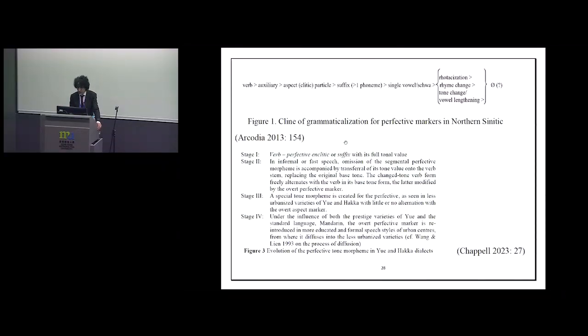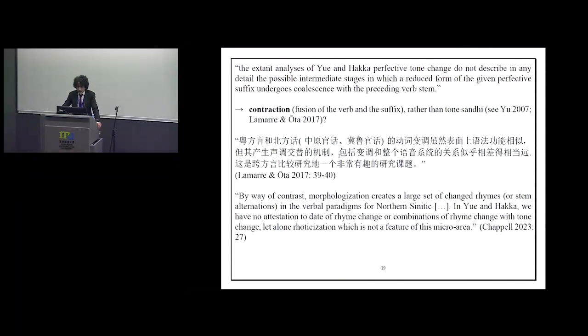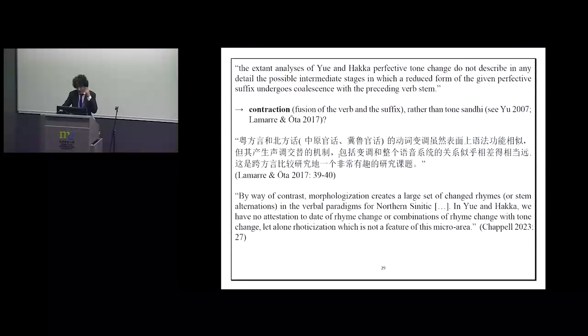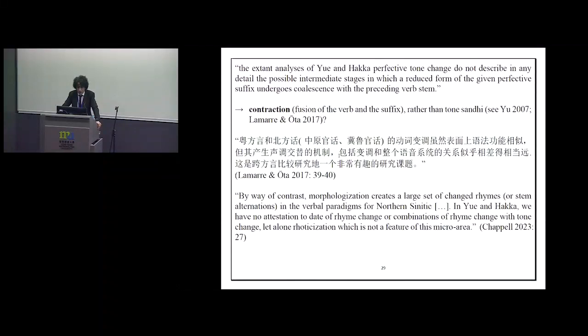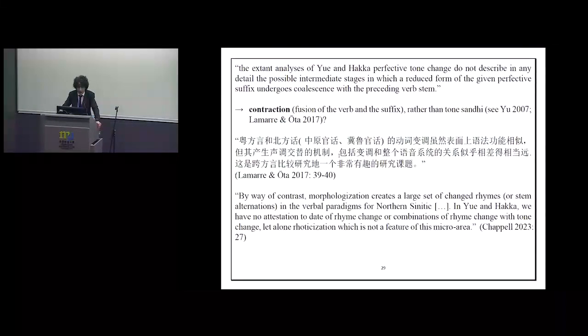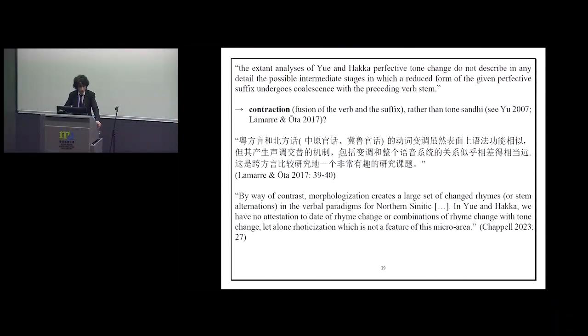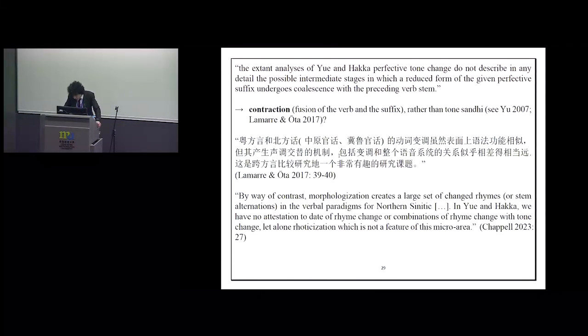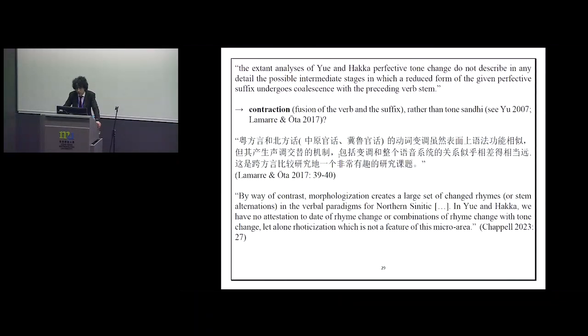And when it's not there, what is left is again the tone change. Even Lamarre and Ota, in their typological study on this type of non-concatenative morphology in Sinitic, clearly point out that we know that in Yue dialects we have something like that. We have tone change, but they say that although the grammatical functions appear similar on the surface, the tonal alternation mechanisms, including the relationship between tone change and the whole phonological system, seem to differ quite far. They're really different.